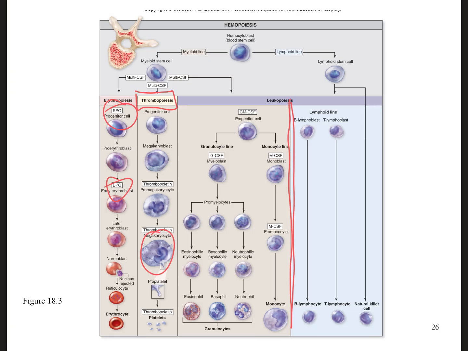In the middle here, you have production of white blood cells, such as the eosinophils, basophils, neutrophils, and the monocyte, which are myeloid. All of the lymphocytes are derived from the lymphoid stem cell line.